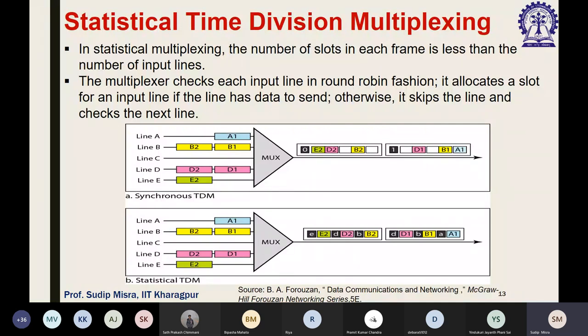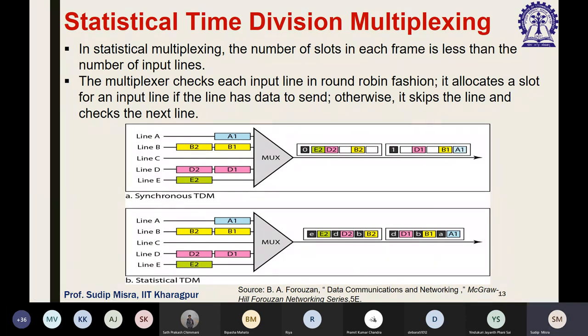So if you have such a scenario, these slots are going to go waste, which will lead to underutilization of the link. So that is where statistical time division multiplexing comes as a solution, where the whole idea is that you do not leave any empty slot.